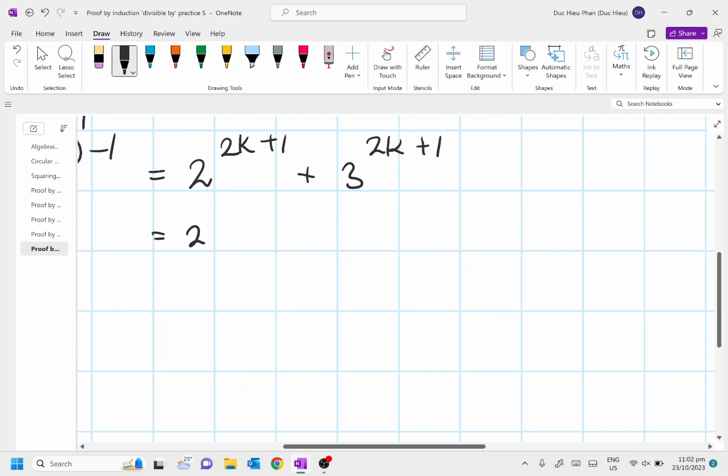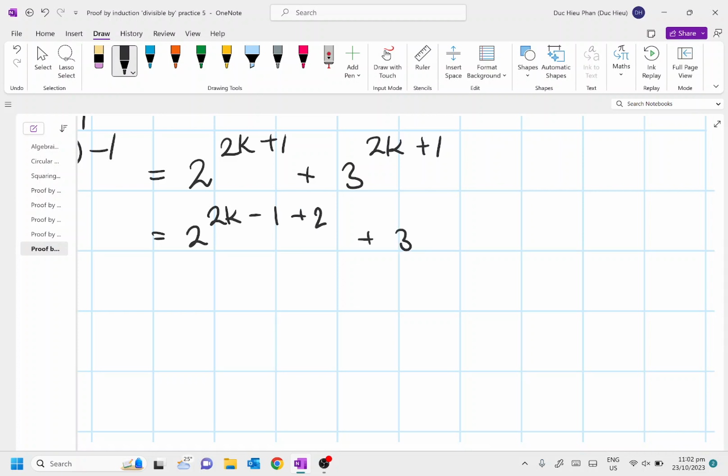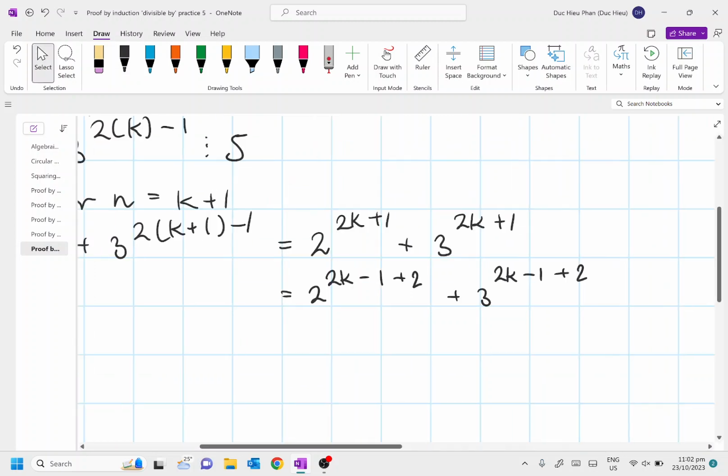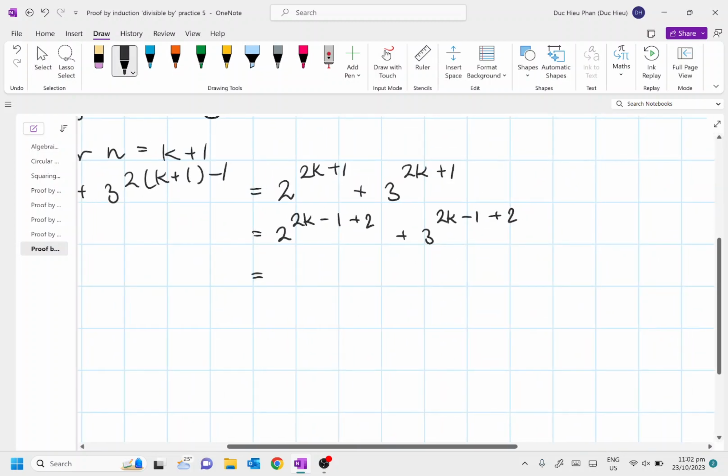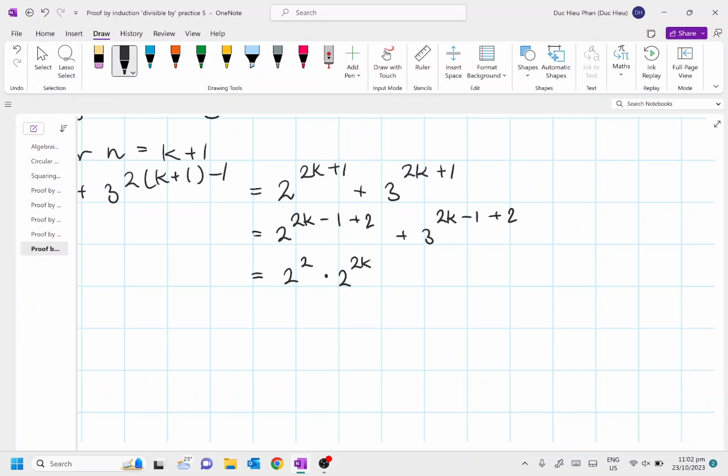What you do is you say 2k minus 1 plus 2 plus 3, 2k minus 1 plus 2. And this turns into 2 squared times 2 to the power of 2k minus 1 plus 3 squared times 3 to the power of 2k minus 1.